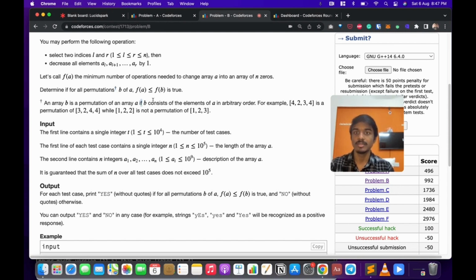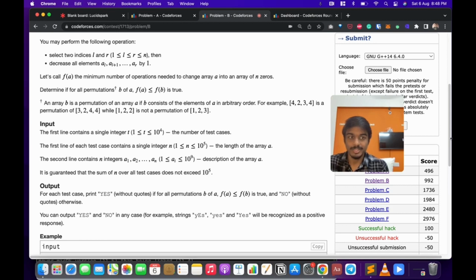All permutations B. Number of operations. Oh, so actually we should sort it.